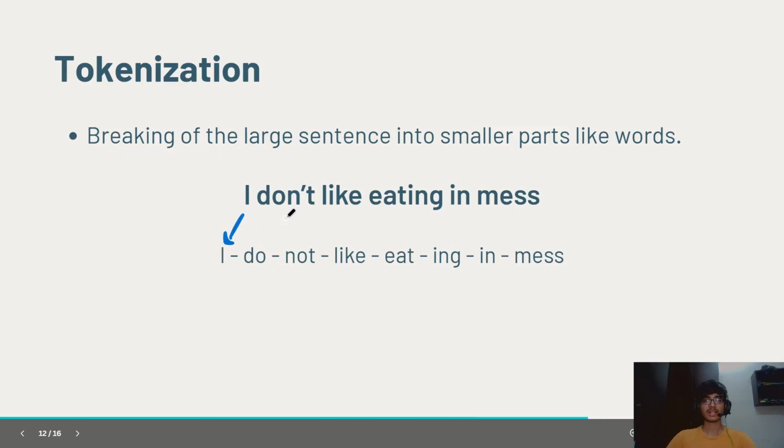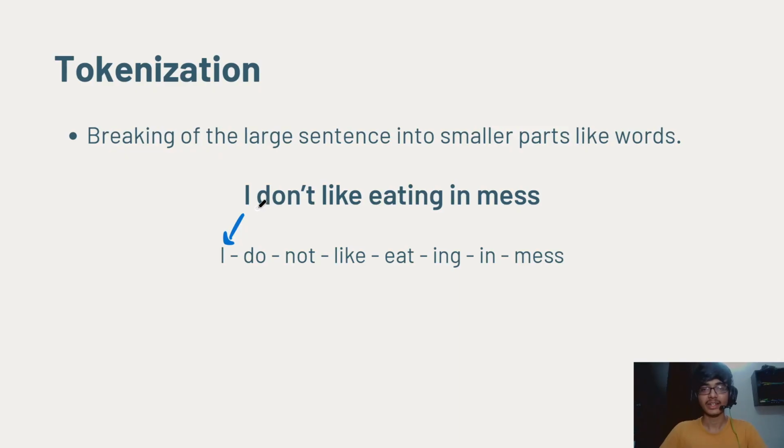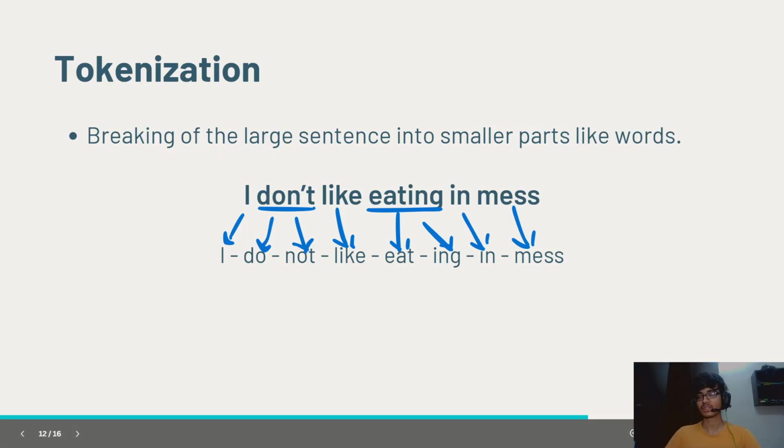I stays as I. Then the word don't is broken up into do and not. Eating is broken up into eat and ing, then in and mess. All this is made possible through finite automatas to find these patterns, to be able to break up the words of the sentences.